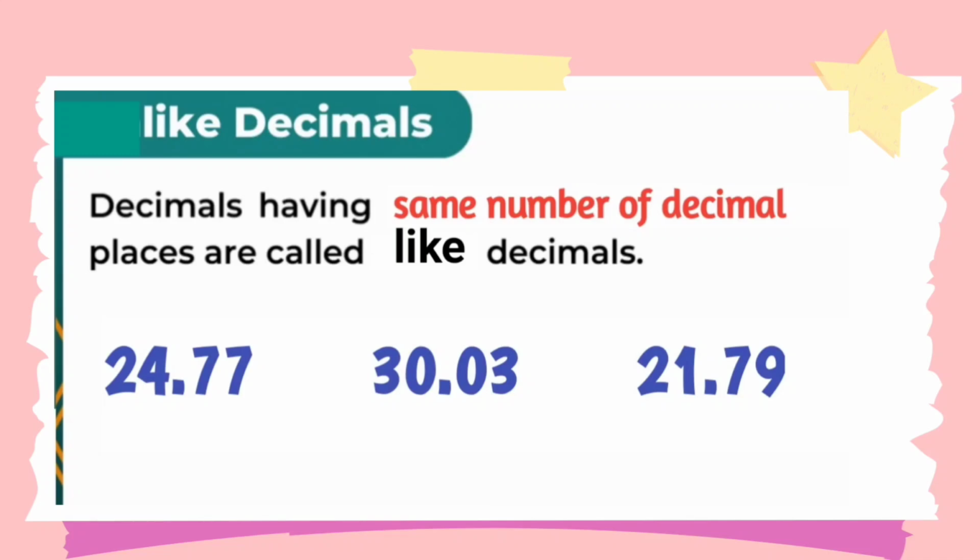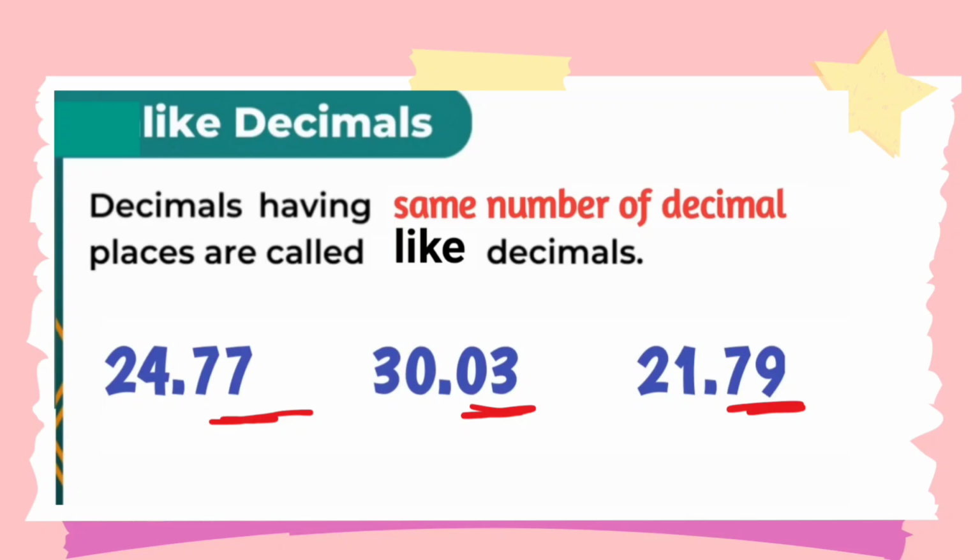Example: 24.77, 30.03 and 21.79. Decimal places means the numbers after the decimal point, or the fractional part numbers. In 24.77, the fractional part numbers are 77, or we can say this decimal number has two decimal places.